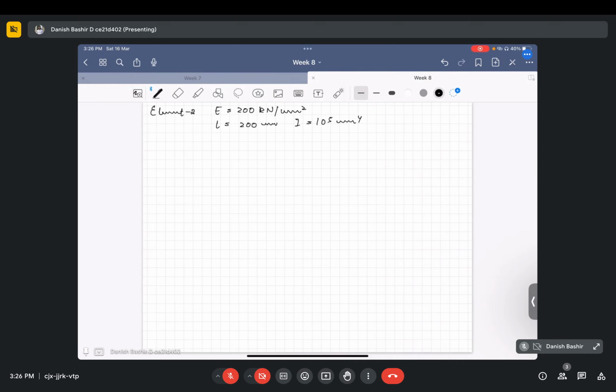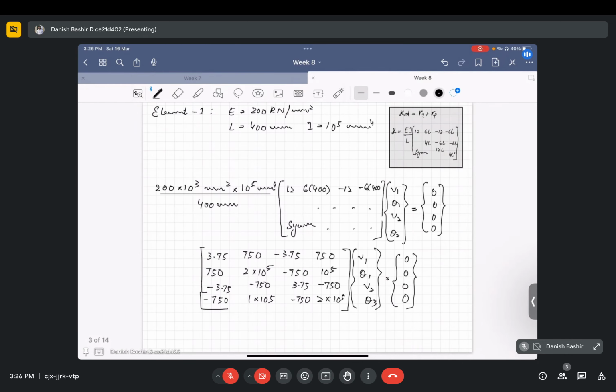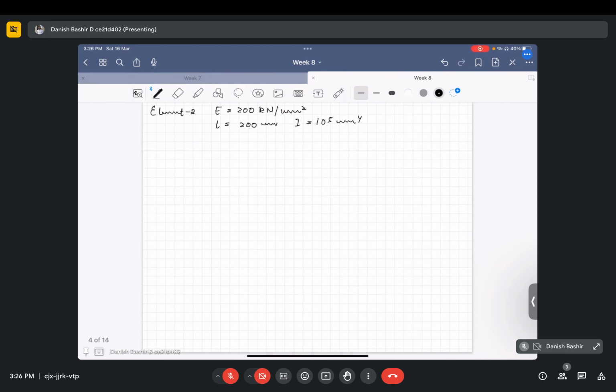If you put the values in the element equation again, you will get a matrix like this. It is 3000, minus 3000, 4 into 10 to the power 5, minus 3000, 2 into 10 to the power 5, then 3000, minus 3000, 4 into 10 to the power 5.